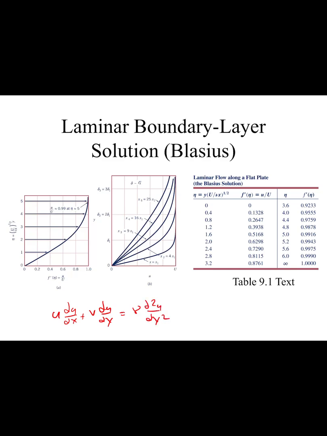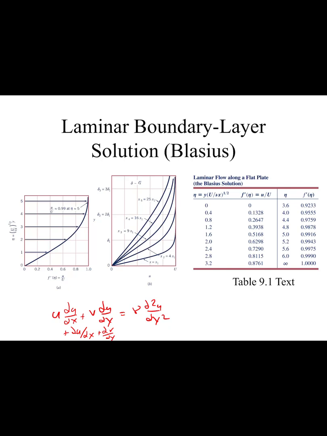That is our momentum equation without the pressure term. So this is a zero pressure gradient boundary layer, and that plus du dx plus dv dy equals 0, or conservation of mass.